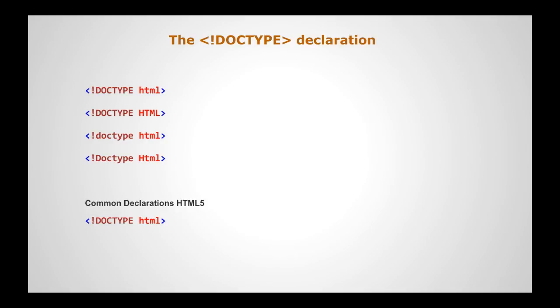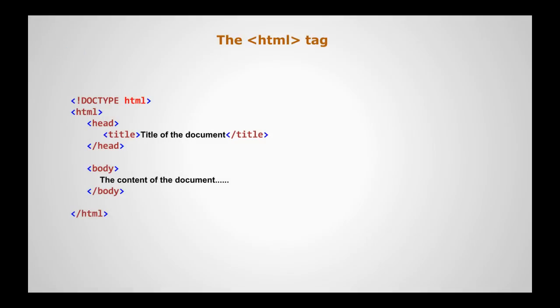Now let's talk about the HTML tag. The HTML tag tells the browser that the document is an HTML file, and therefore every HTML document begins and ends with an HTML tag.